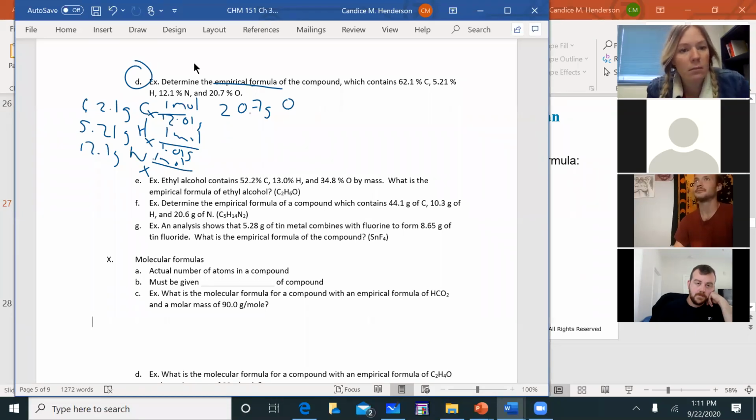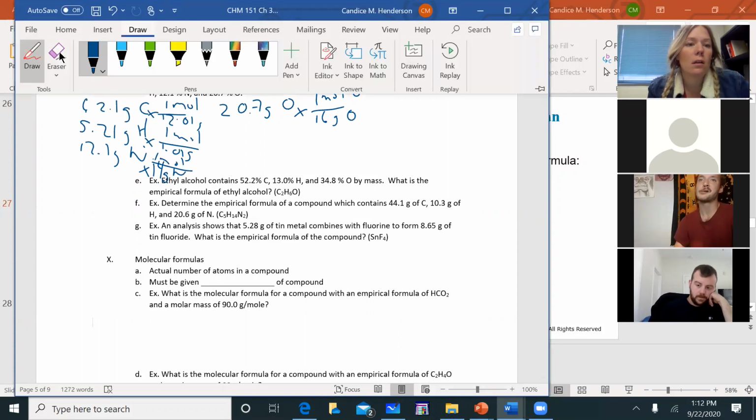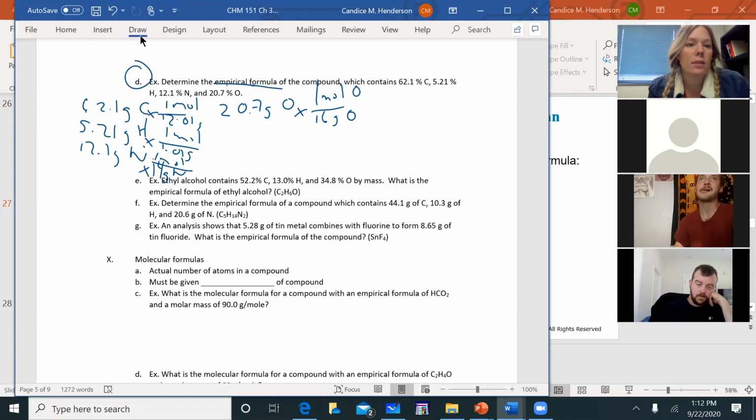What is it, 14 grams of nitrogen, and then this one is 1 mole of oxygen for 16 grams of oxygen. So first step is just to get out of moles. I'm going to erase these so that I can get a little bit more space.